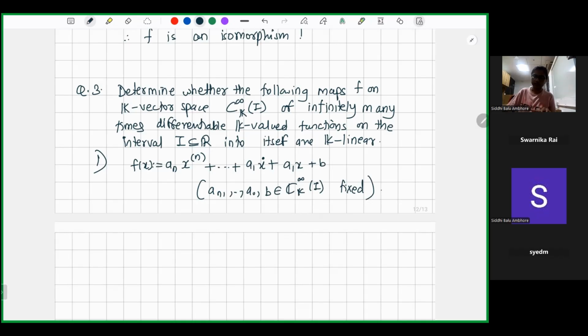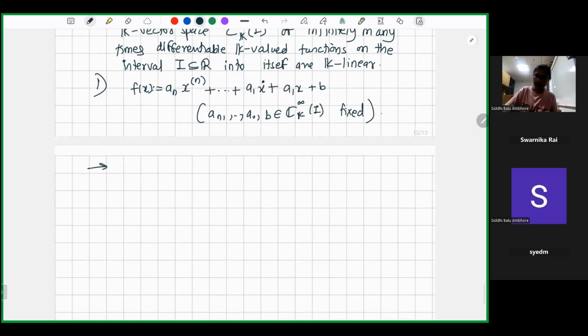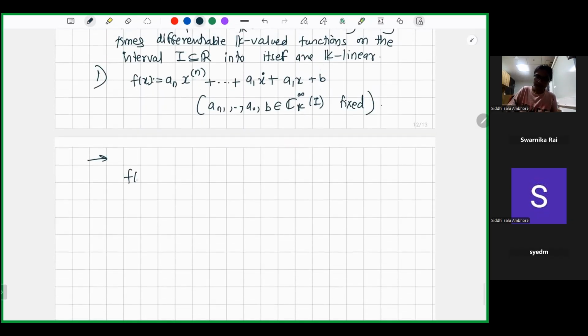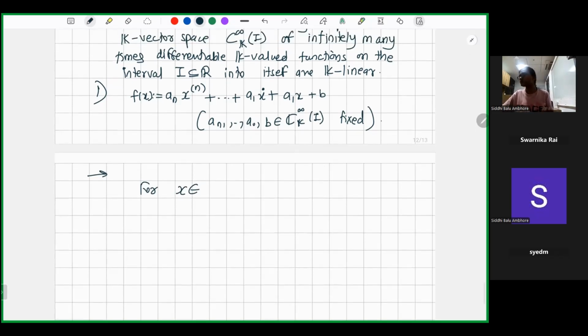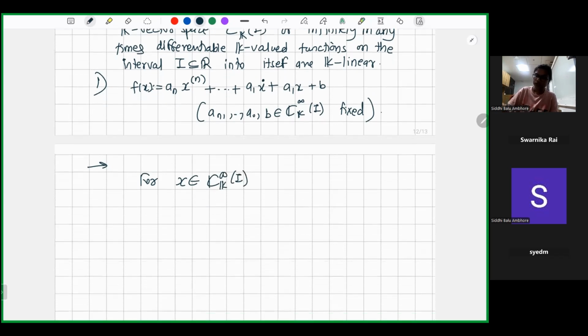But so far, what does this mean actually? They have said that f of x is for x in C infinity of I, K. So this is what?